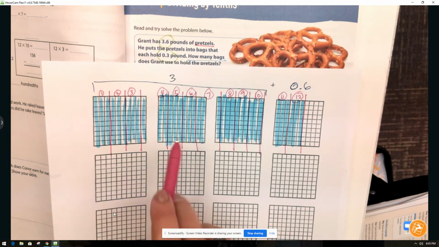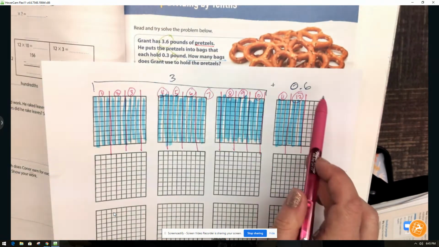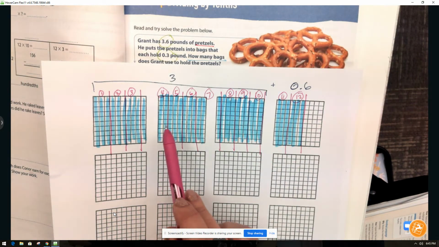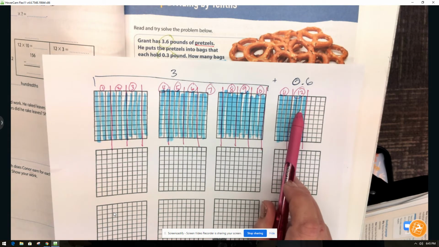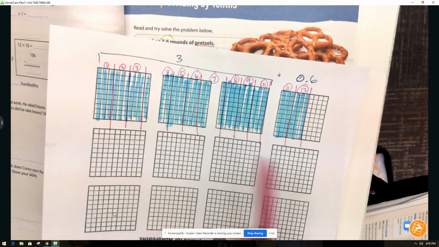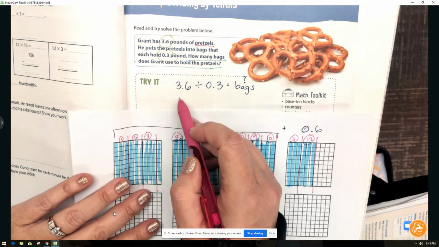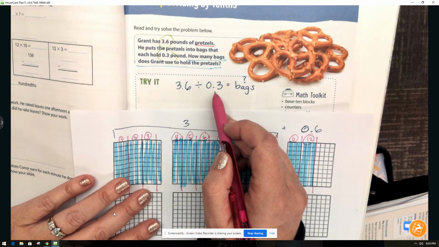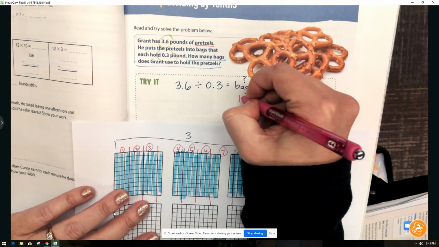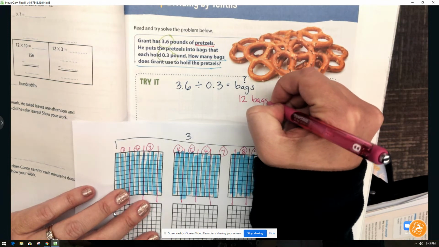So as you can see, I've taken this 3 6/10 and broken it into 12 equal groups of 3/10. So 3 6/10 divided by 3/10 equals 12 bags.